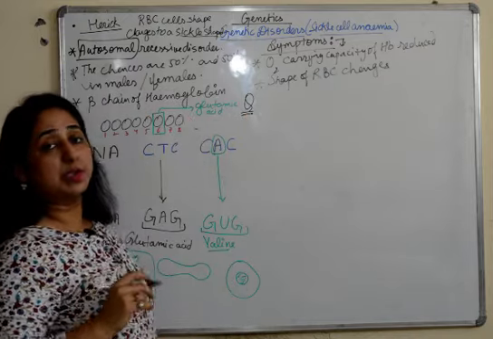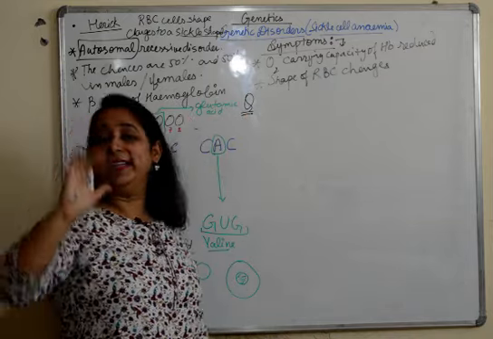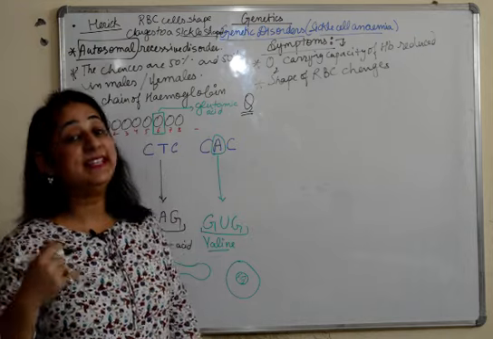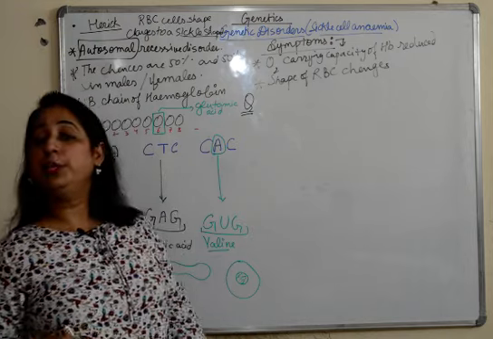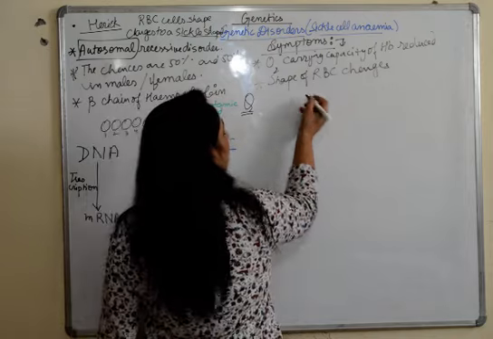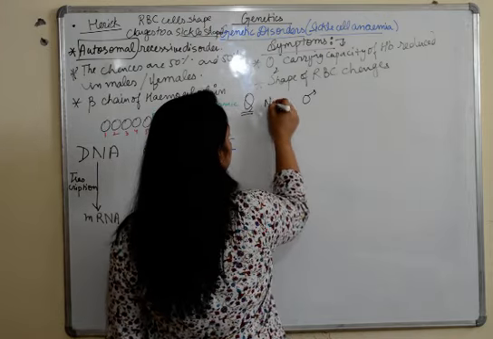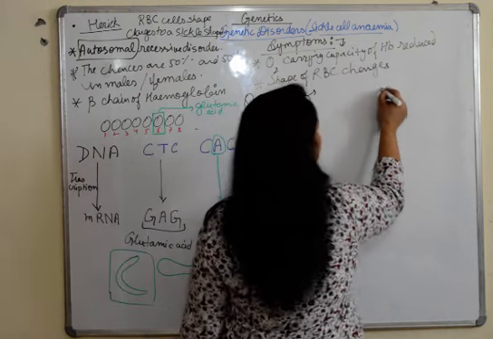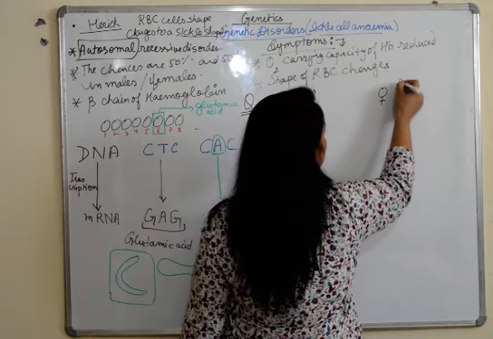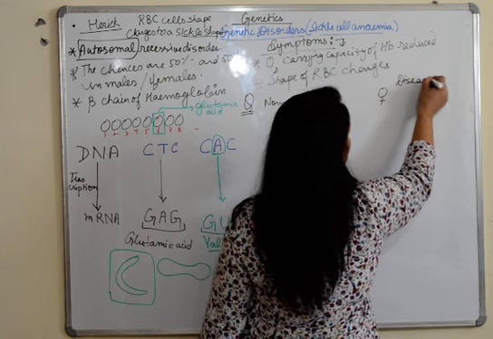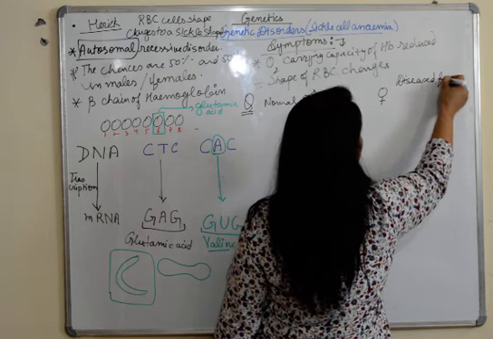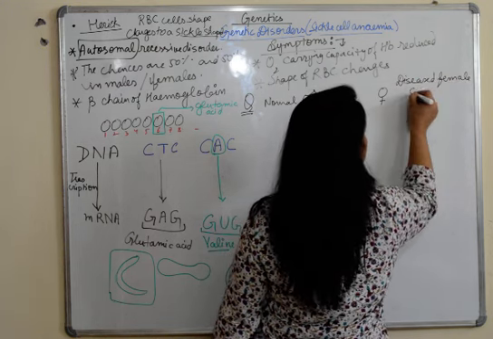So if suppose in a question you are given a pedigree chart and you are asked to interpret it, how do we do it? Suppose the statement says that a normal male marries a diseased female and the disease is obviously sickle cell anemia.